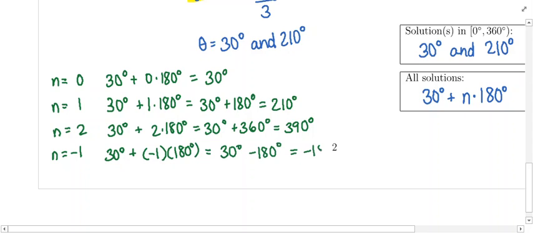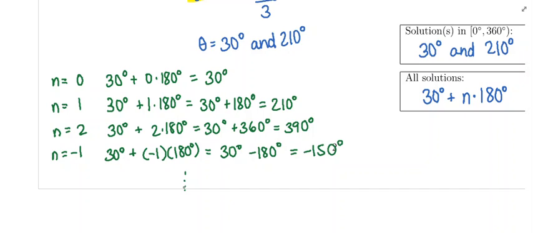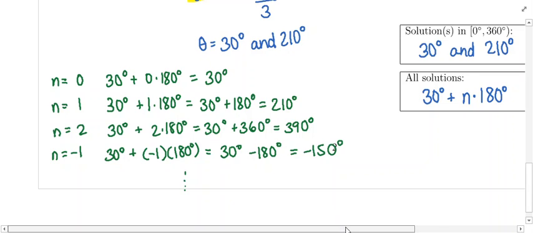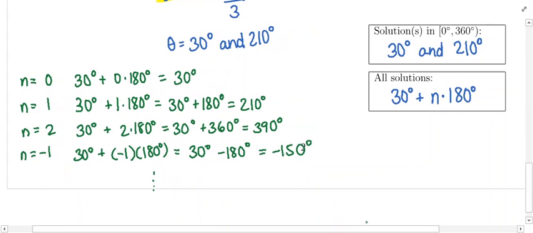That's going to be -150 degrees. And you could keep doing this. By picking a different n value, you're going to get a solution. There's infinitely many integers. It's going to generate every single solution there is to this equation. So that is in a nutshell how you do this.